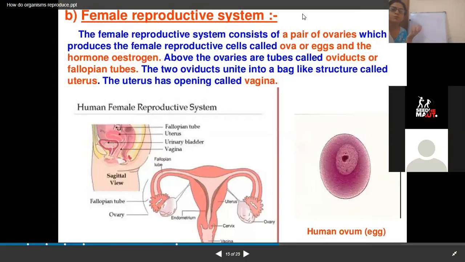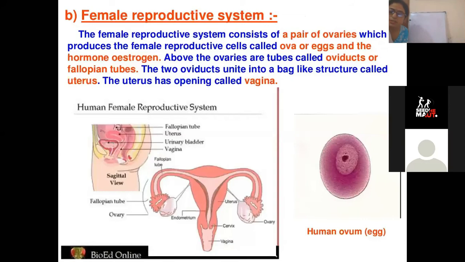So we were discussing the reproductive part which is known as the oviduct. It's the site of fertilization in the human female, right? Then there is the pear-shaped structure. This pear-shaped structure is known as the uterus.